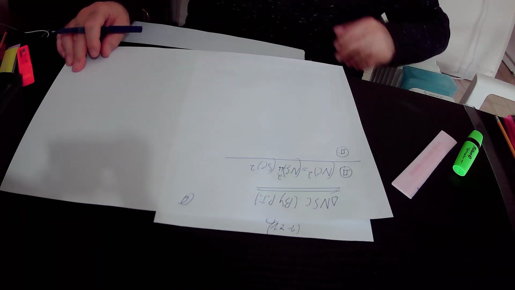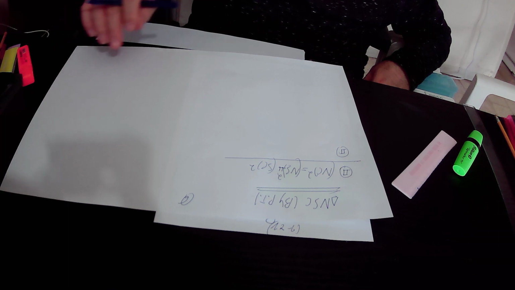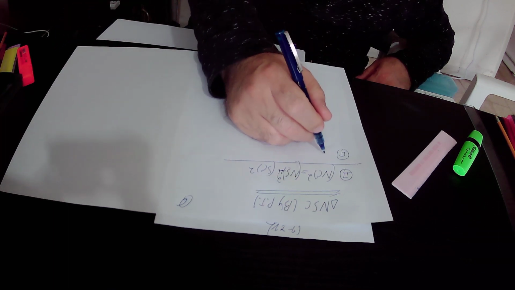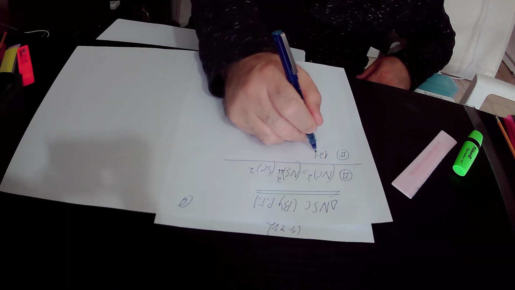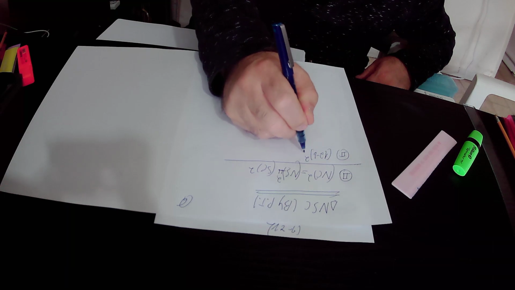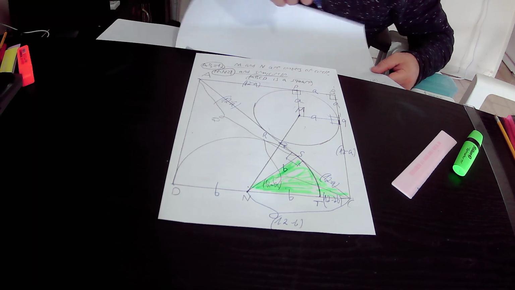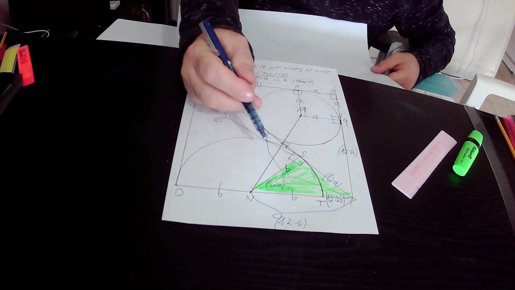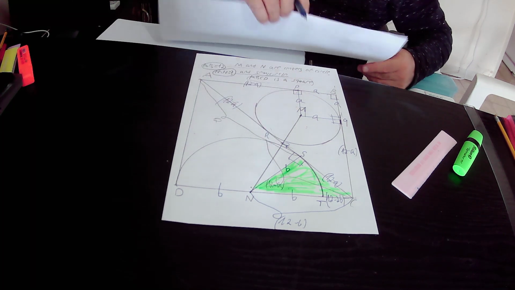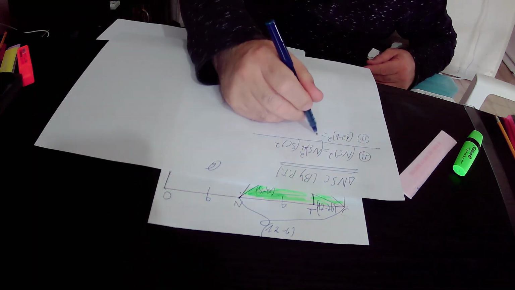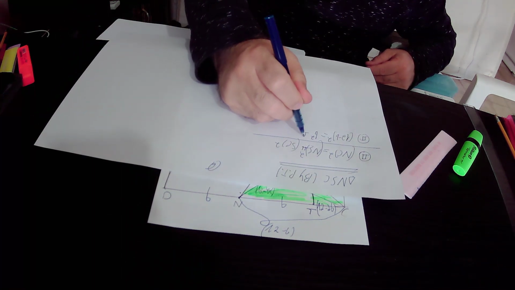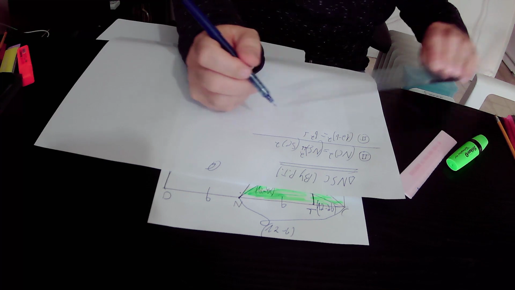We have already found out that NC equals 12 minus B. Therefore, NC squared will be equal to (12 minus B) squared, and it equals NS squared. NS is the radius of the semicircle, that is to say it equals B, so NS squared is B squared, plus SC squared.